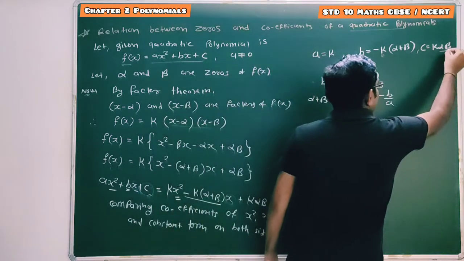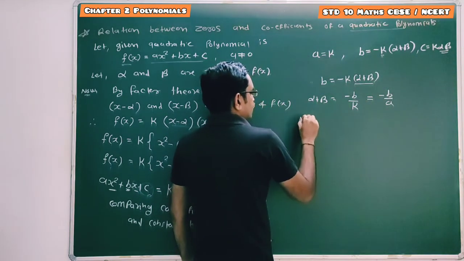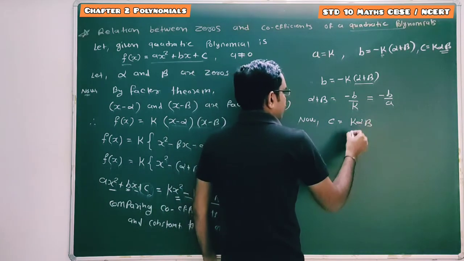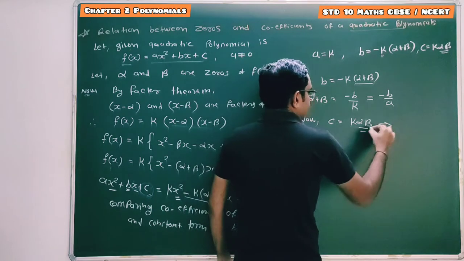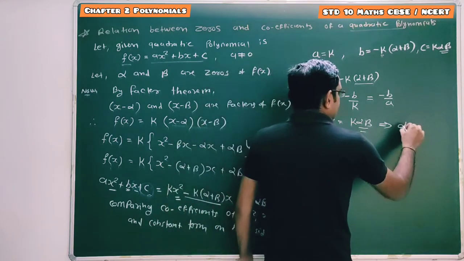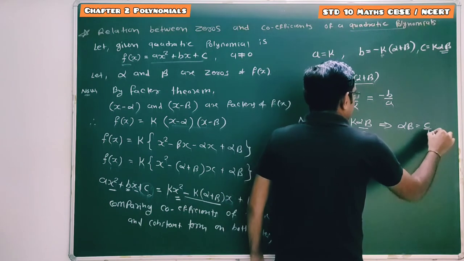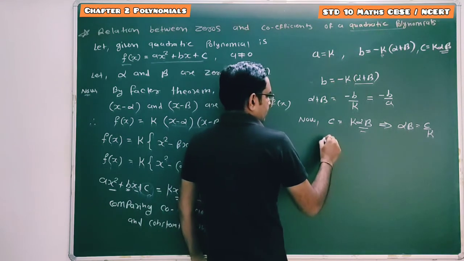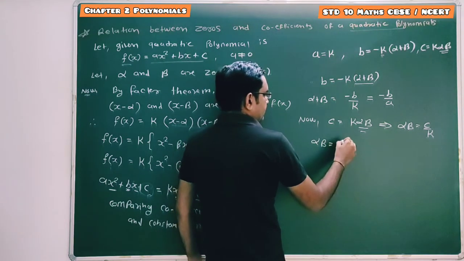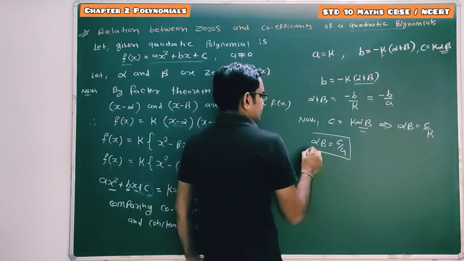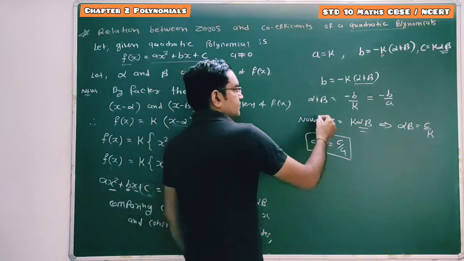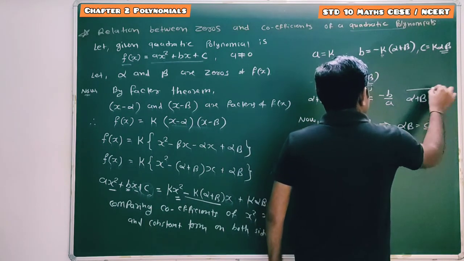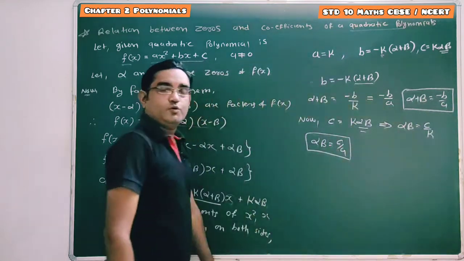Same way, c equal to k alpha into beta, so alpha into beta equal to c by k, and again we can replace this k with a, and therefore alpha into beta equal to c by a. So alpha plus beta is equal to minus b by a, and alpha into beta is equal to c by a.